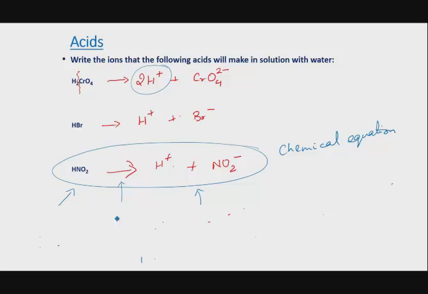The arrow gives us the direction of the chemical process, and the plus sign only indicates "and". So when HNO2 dissolved in water produces H+ and NO2-, proton and nitrite.